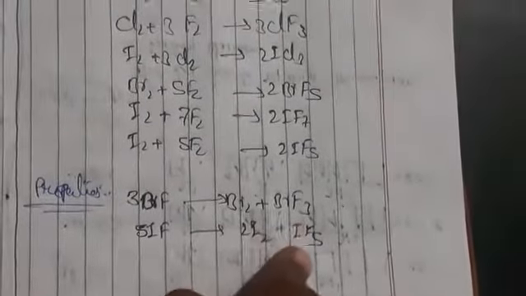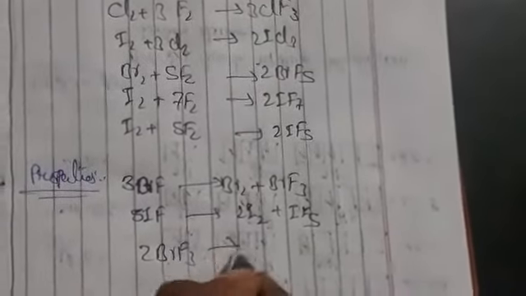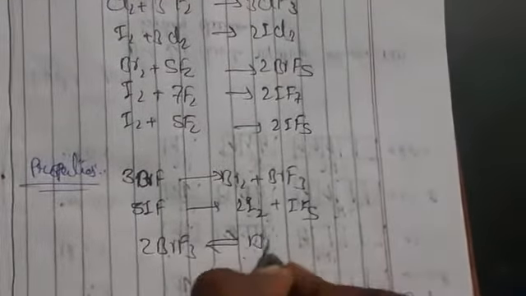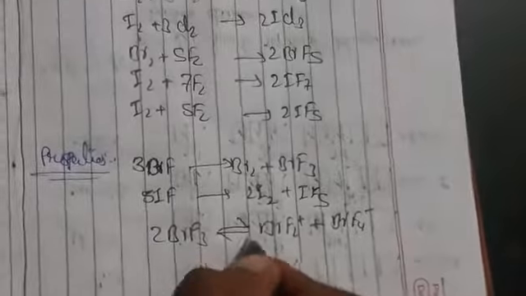This BrF3 can also be written as 2BrF3, which will be intermolecular: BrF2 plus BrF4 minus. So this is the compound it is forming.